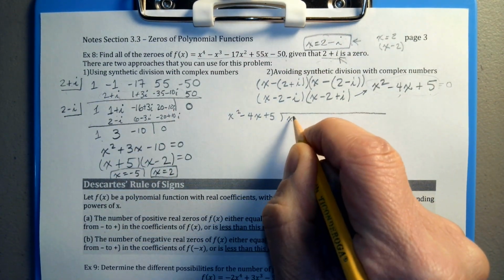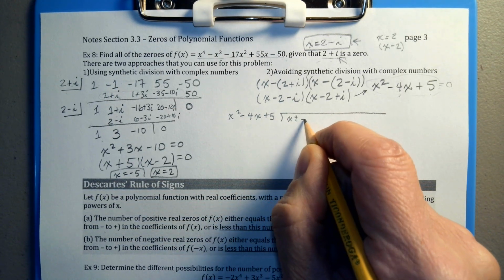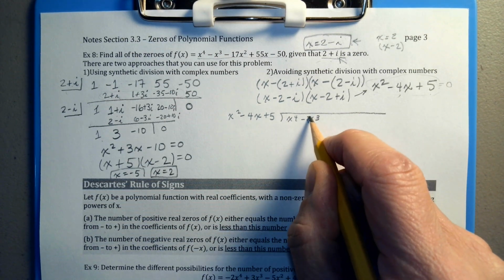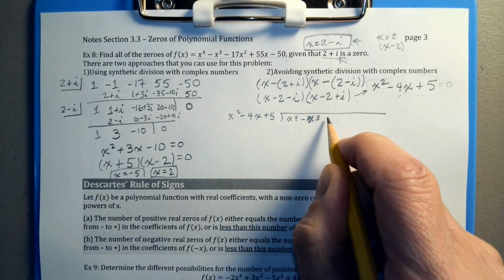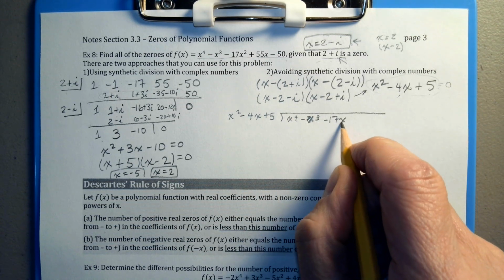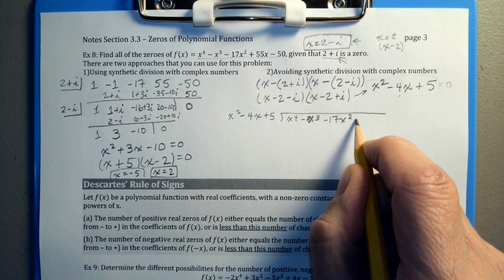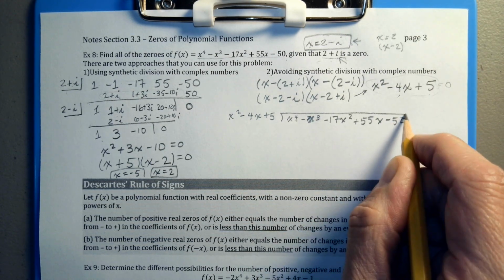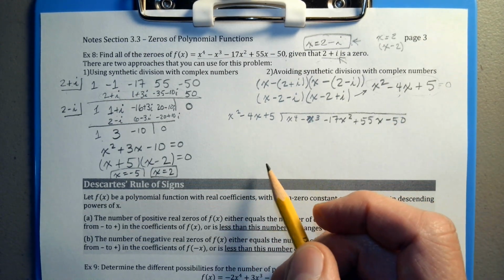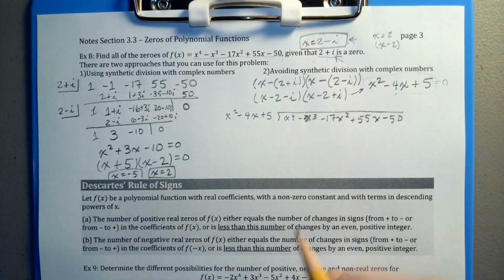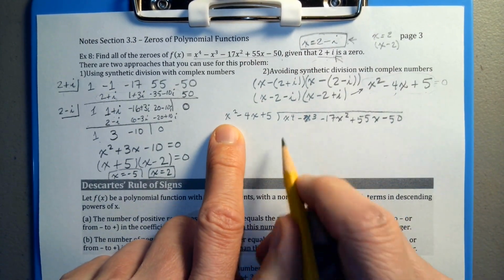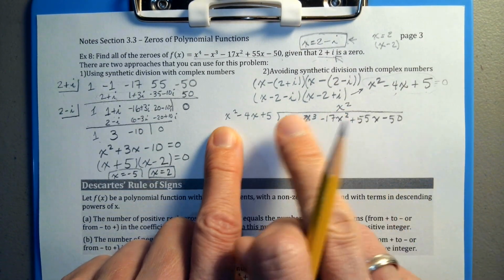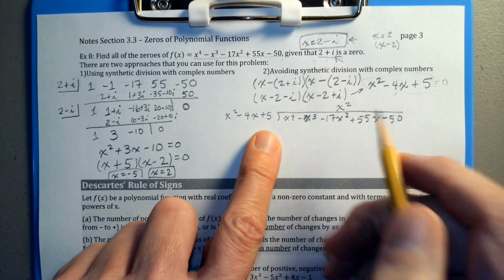So x to the 4th minus x cubed, x cubed minus 17x squared plus 55x minus 50. Okay, and now we're going to use long division. I'm going to write really small in order to fit everything in here. All right, so we ask ourselves, what times x squared gives us x to the fourth? That's x squared. And now I multiply x squared by these three things and put the results here.